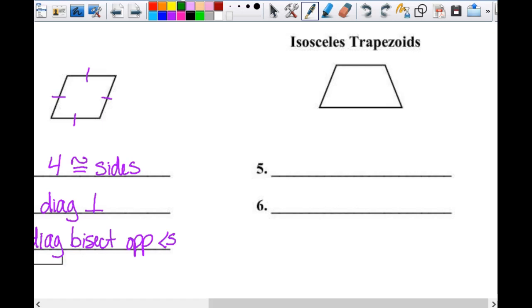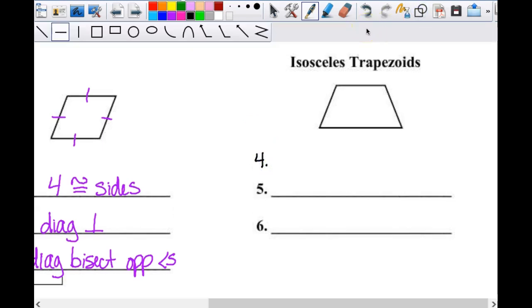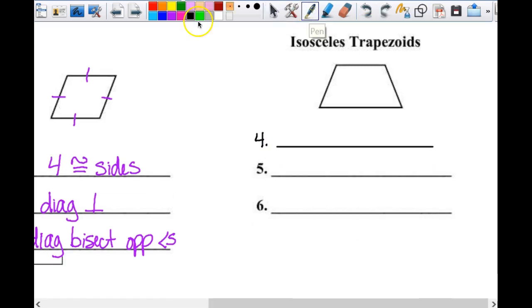And I don't know what happened to 4. 4 disappeared, so we're going to put in a 4 here because we need it. So there's 4. Okay. So here, this is what makes it a trapezoid, and then there's my isosceles. So for isosceles trapezoid, we have congruent legs.